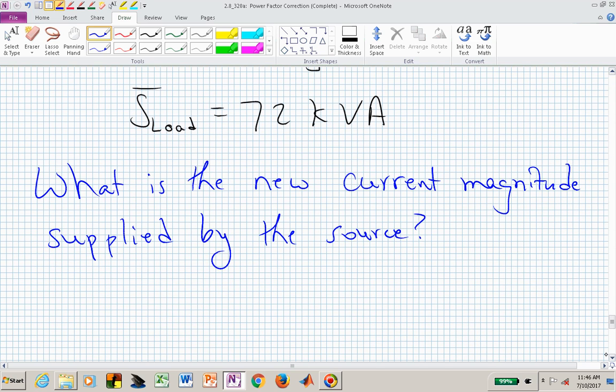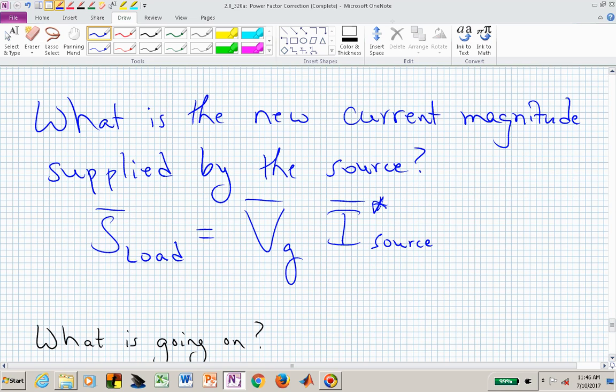Well, now we can use our complex power formula again. We know that we have the total complex power. We know what the source voltage is. We can now use that to find the current now being requested of the source. And we can do this all in terms of magnitudes.